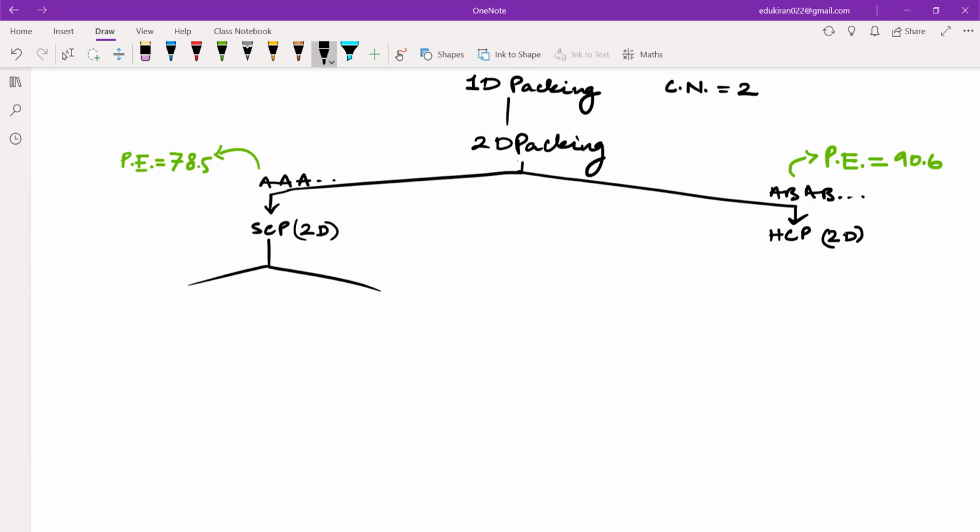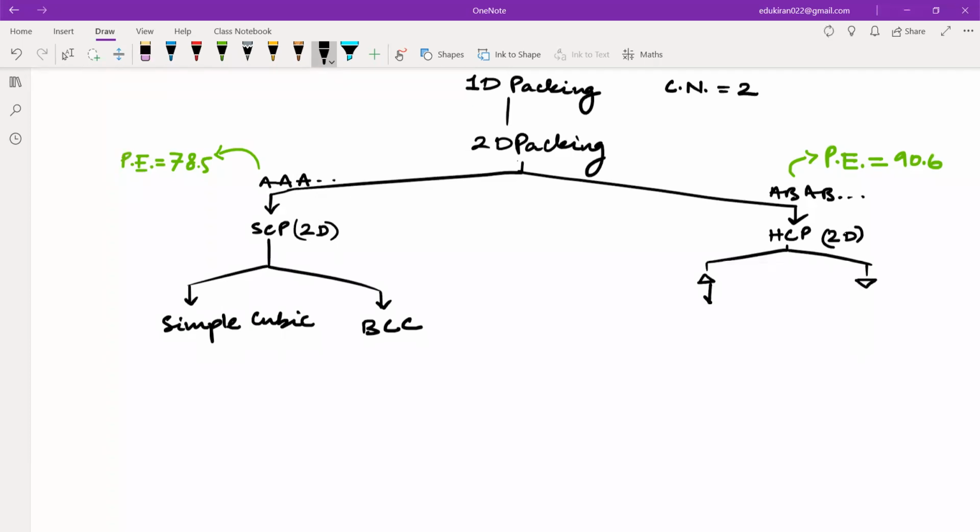Simple cubic. And then we got body centered cubic, BCC structure. And when we went from HCP, we all know in HCP we have 2 different types of voids.